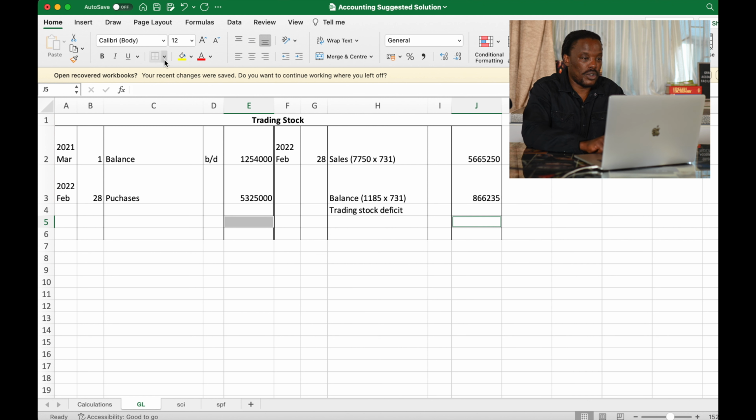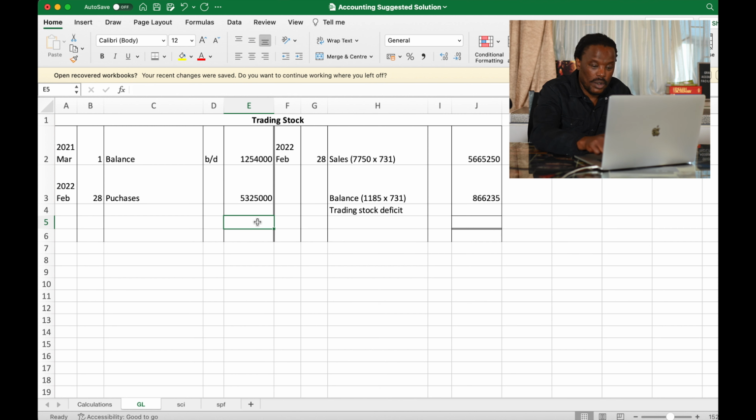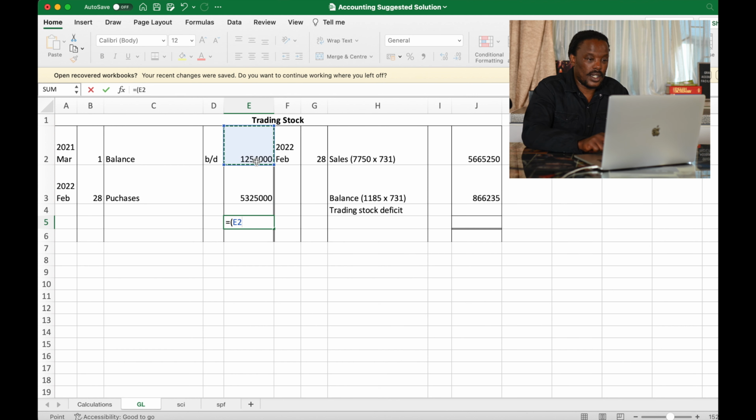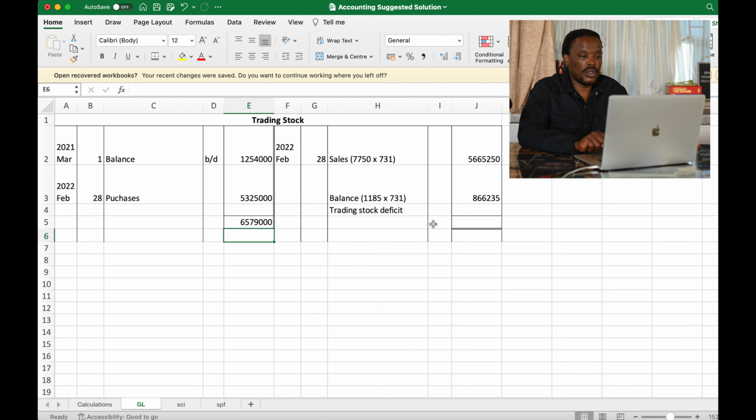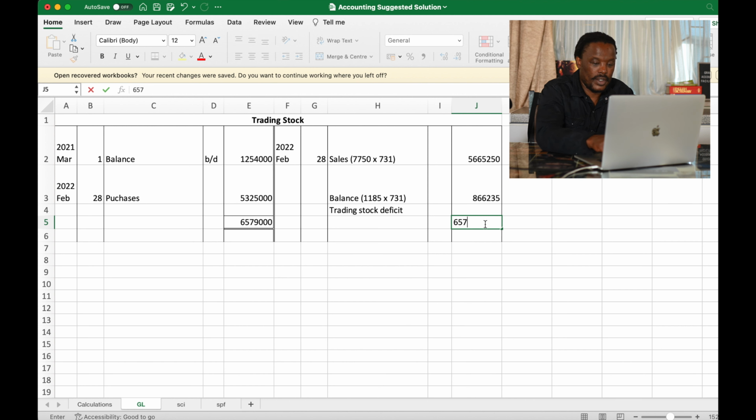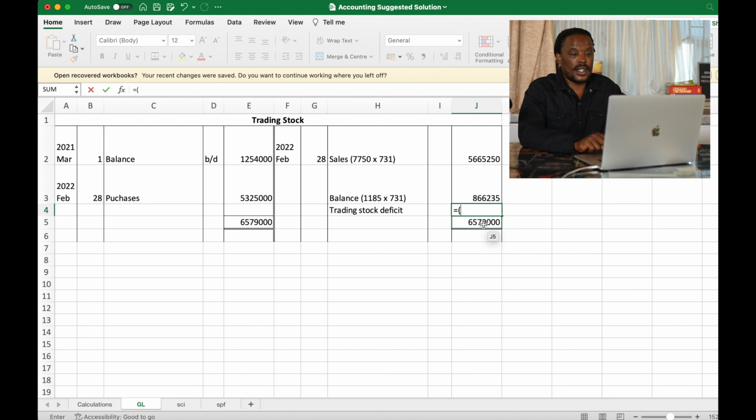If you close off the accounts, you check which side is bigger, and the bigger side is this one, which is equal to this plus that, which equals 6579 million. And then the trading stock deficit becomes very simple, because it is the difference of this total, and then from this total you must minus that, and then you find that this is the trading stock deficit.